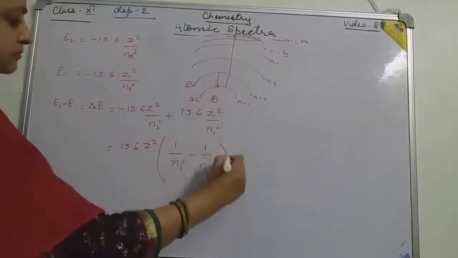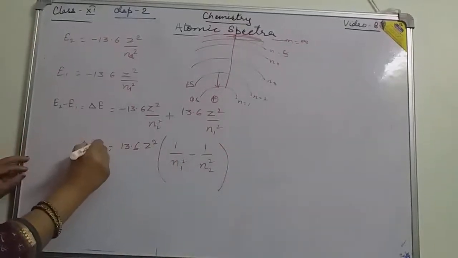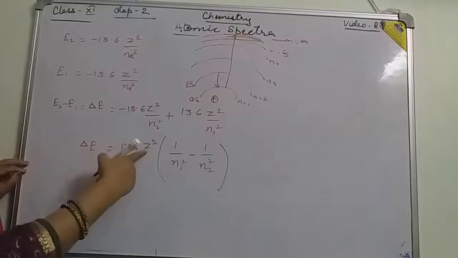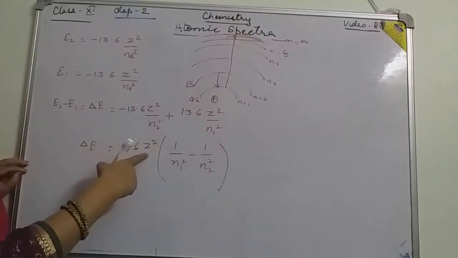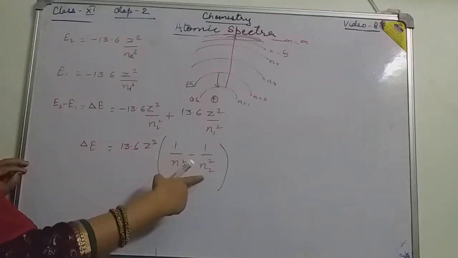So delta E equals 13.6 Z square, 1 by n1 square minus 1 by n2 square.